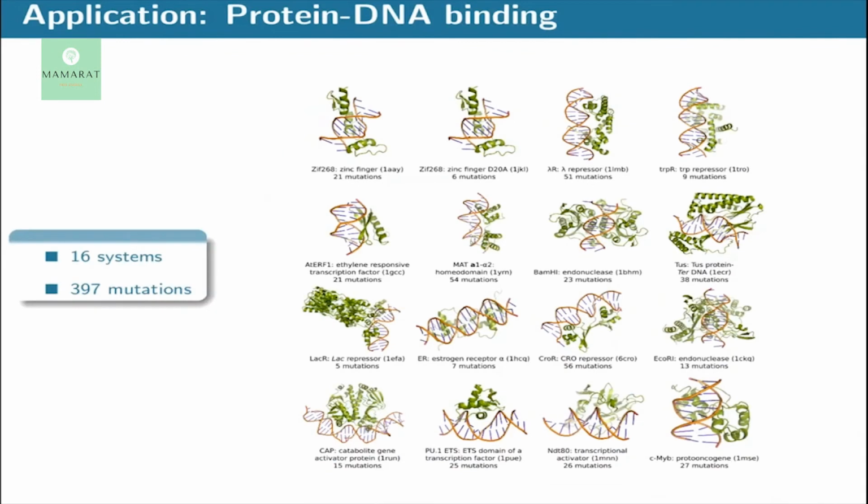To probe how accurately we can calculate these free energy differences, we looked at a very large number, almost 400 mutations in 16 different protein DNA complexes. These complexes comprise transcription factors and nucleases. You can see in more detail here if you're interested. But they are very, very diverse systems.